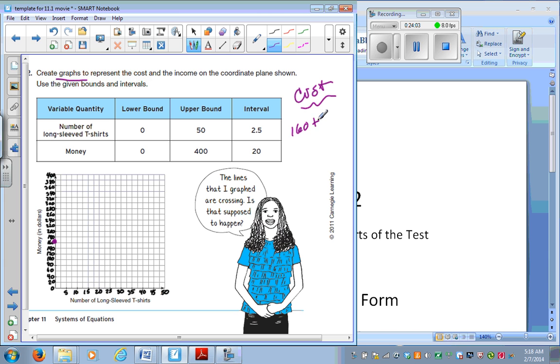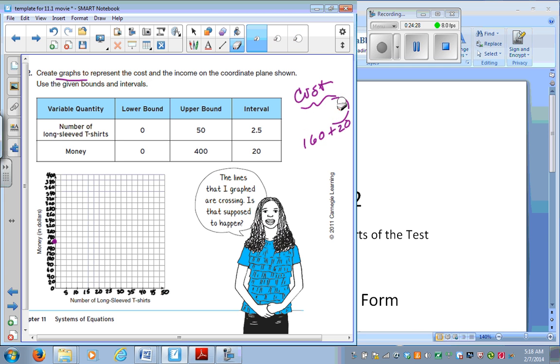So it would be $160 plus $4 times the 5 t-shirts. Every single time I buy 5 t-shirts, each t-shirt costs $4, so that's going to cost me $20.